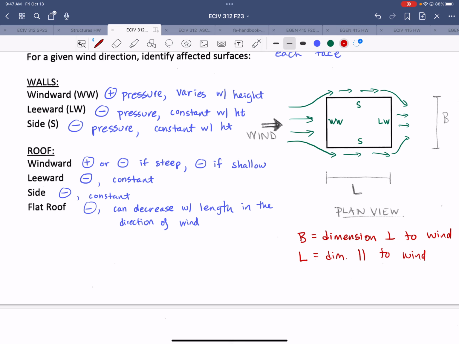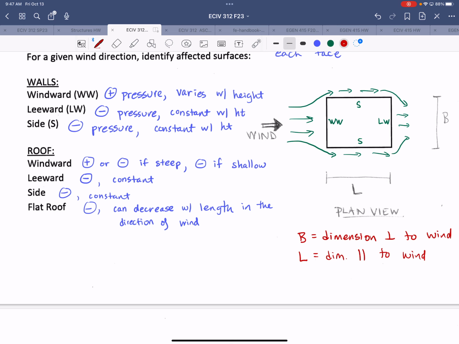Yes, your question? If there were alleys on the sides of the building, would the pressure be positive? If there were alleys, so between two buildings, you'd have suction. So it would kind of create a wind tunnel effect, actually. But the effect on the buildings we would still treat as negative.